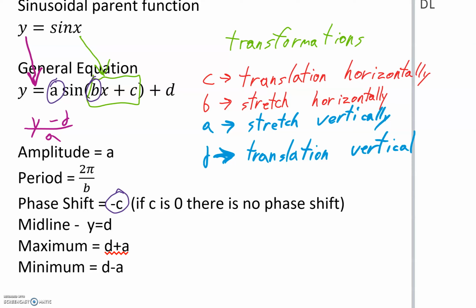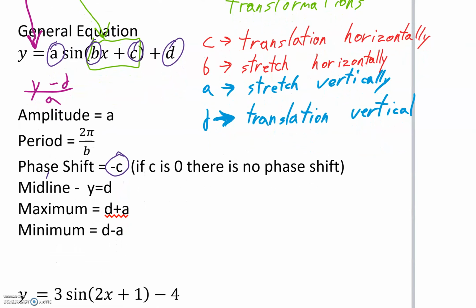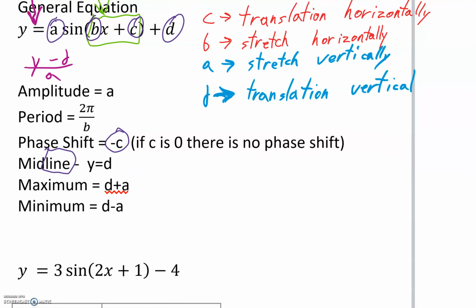The midline is given by d. So you write y equals d. I don't want you just writing d. It's y equals d, a midline. That is key. If we're looking for our max and minimum values, d plus a would be our maximum, and d minus a our minimum. Why is that?